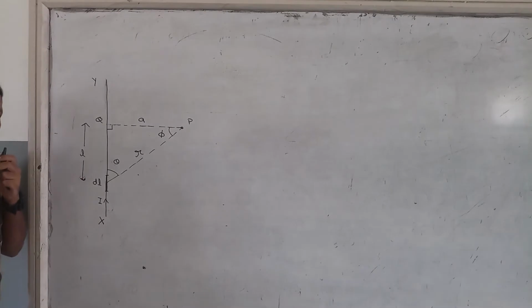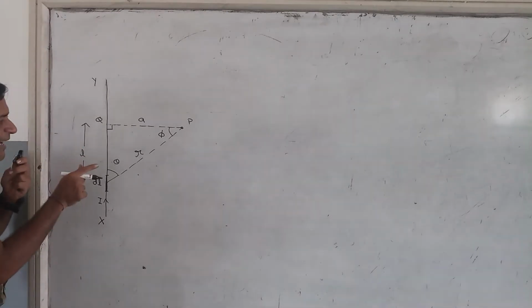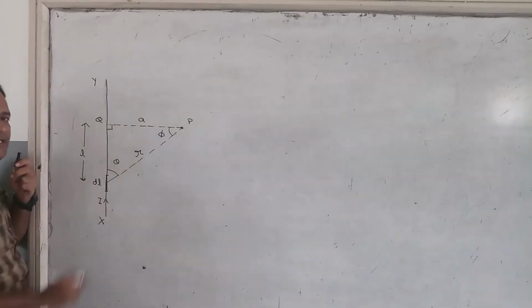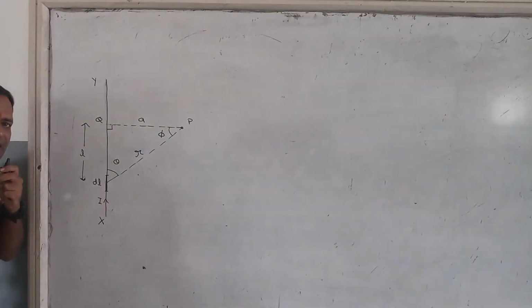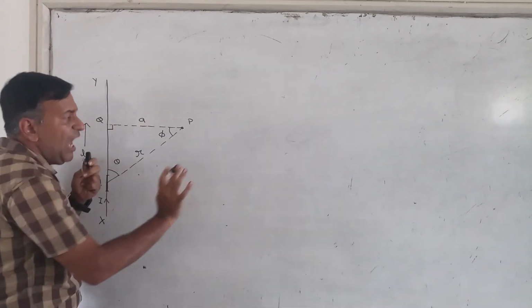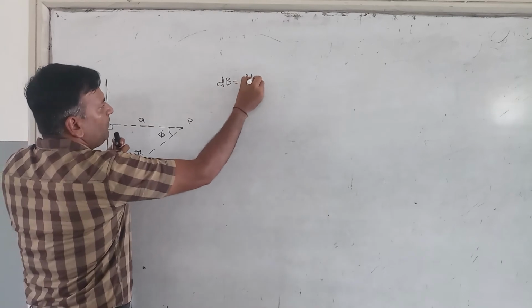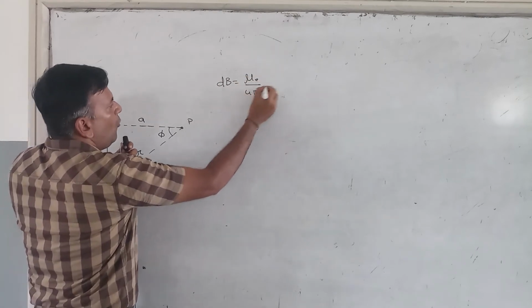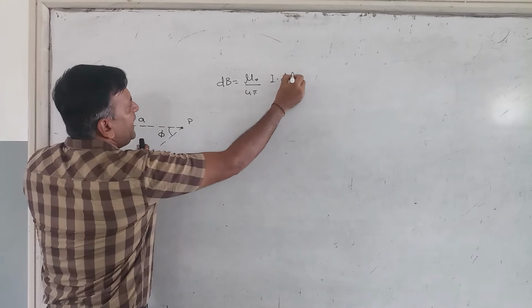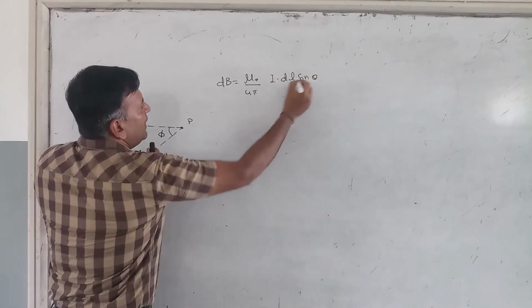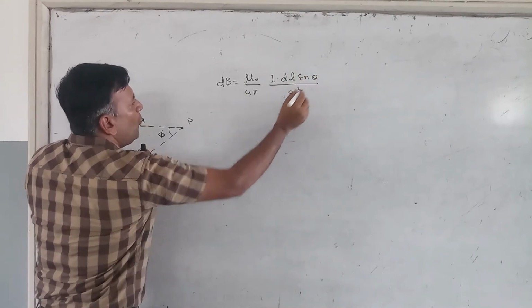If this much is done, I can apply Biot-Savart's law and tell you that the magnetic field at this point due to this current element is given by dB equals mu0 over 4 pi, I dl sin theta over r square.